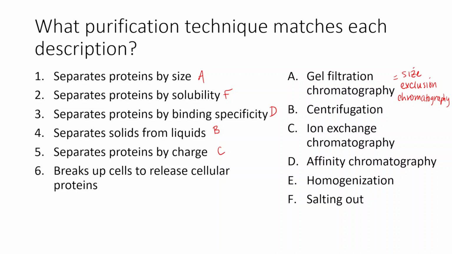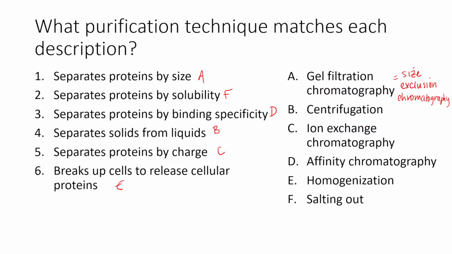All right, so the last one, which one of these breaks up cells to release cellular proteins? Yeah, homogenization, exactly. Homogenization can be as simple as putting tissue in a blender or using something a little fancier like sonication to break cells open and release the contents of the cells.